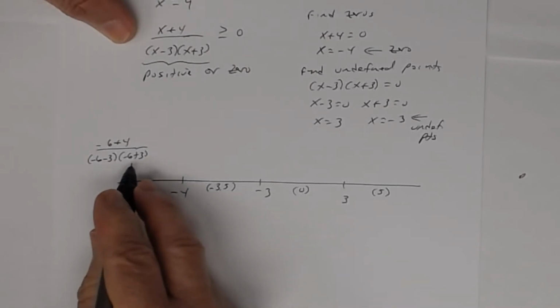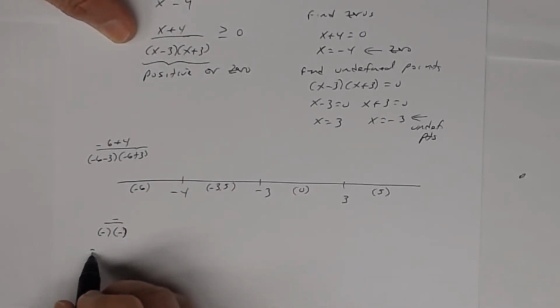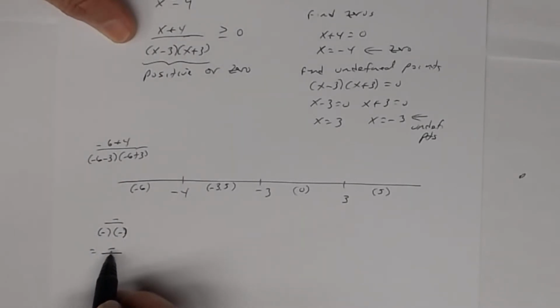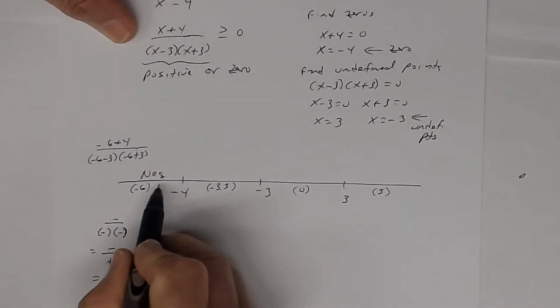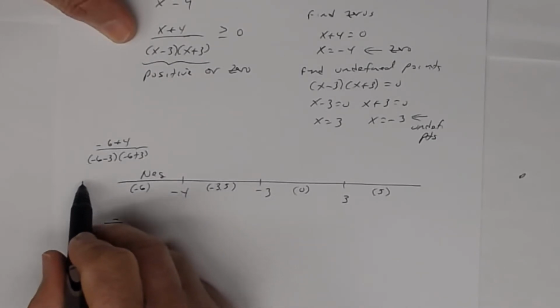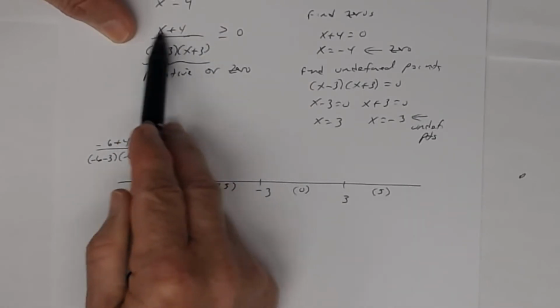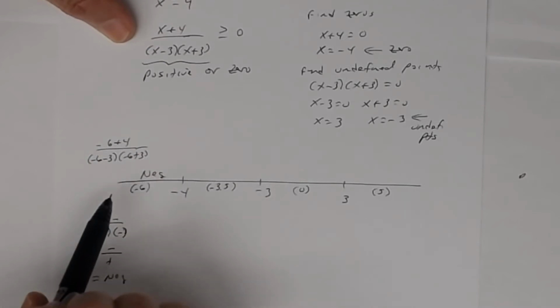And then -6 plus 3 is a -3, so that's negative. And then we have a negative in the numerator. The denominator, a negative times a negative is a positive, and then a negative divided by a positive is a negative. So what that means is that in this interval from -infinity to -4, any real number that's in that interval will make this rational expression a negative number.